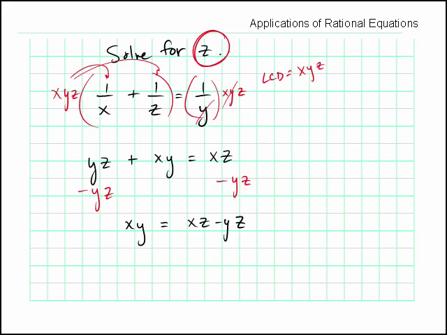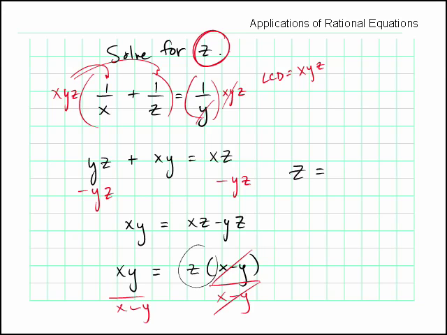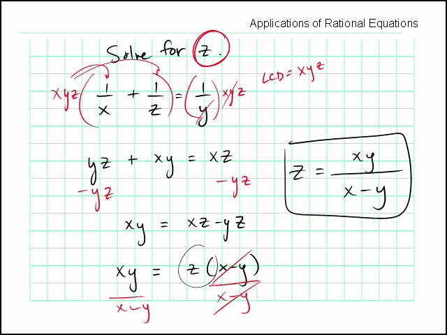I can now factor z out, because that's what I'm trying to solve for. xy equals z times x minus y. And now finally dividing both sides by x minus y, I end up with z, right here, equals xy over x minus y. And we have it solved.